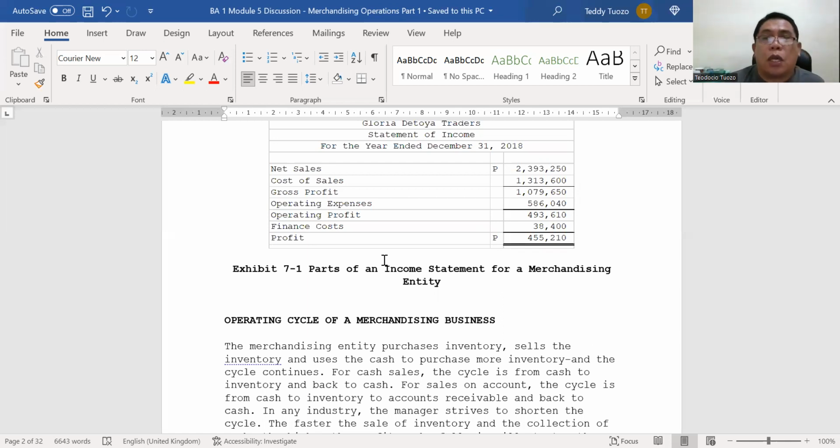When we say finance cost, these are the interest expense or other costs incidental to loans that are secured by the business. But of course, the loan should really be used for the operations so that it can be classified as interest expense or finance cost.